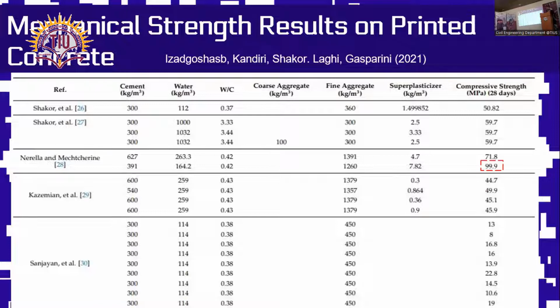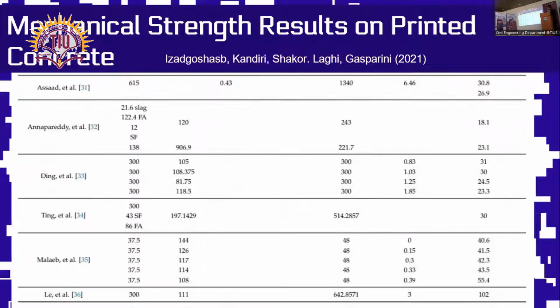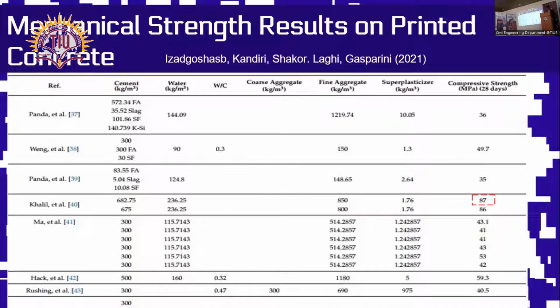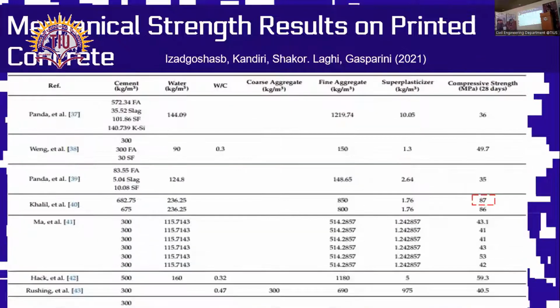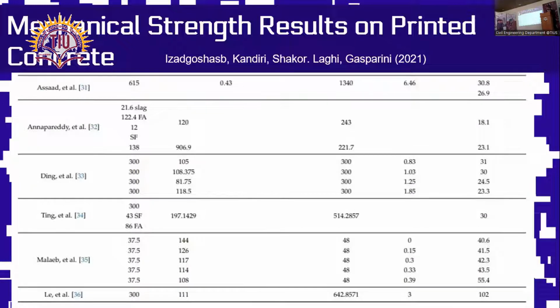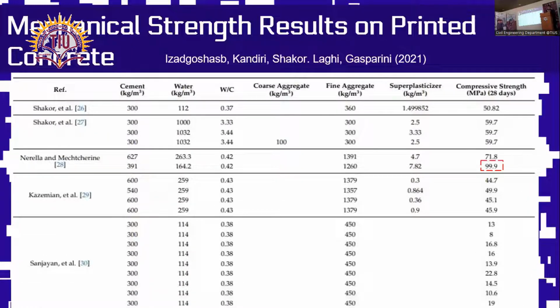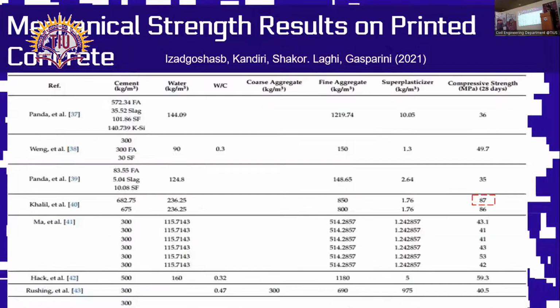Some of the studies achieved about 100 megapascal. Others, like Brianci, Khalil, achieved about 87 megapascal. And I myself achieved about 50 megapascal in extrusion printing.